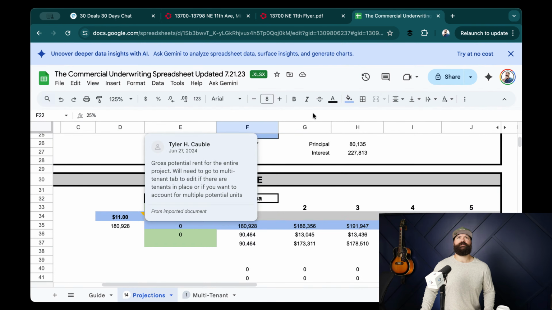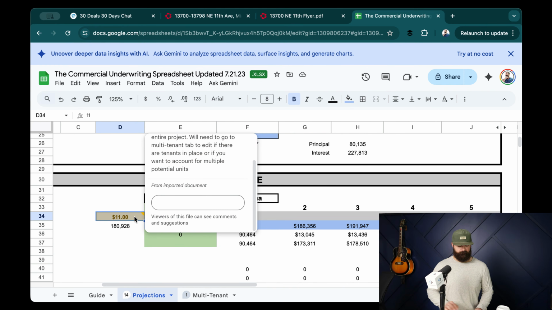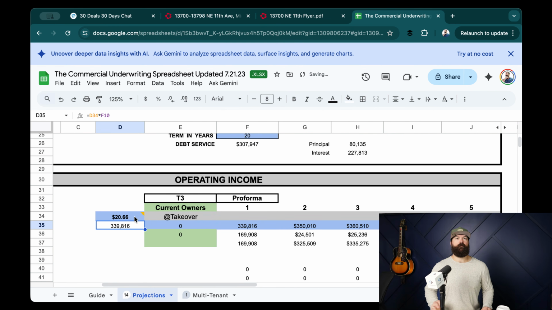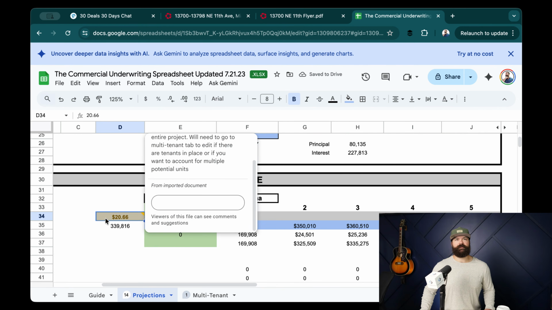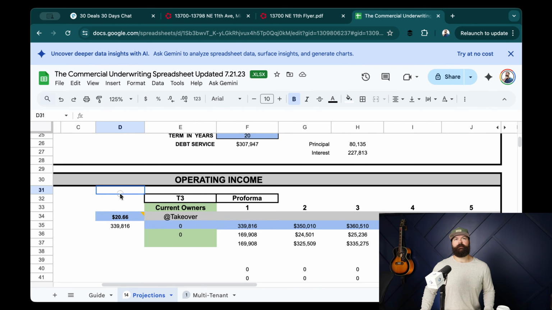That's what we're averaging. Now, that could mean that we have some leases in there at $10 a foot and some at $30. And unfortunately, without digging into the offering memorandum, I'm not going to know how aggressively we can actually raise rents there. So we're probably just going to have to be a little more conservative on this.